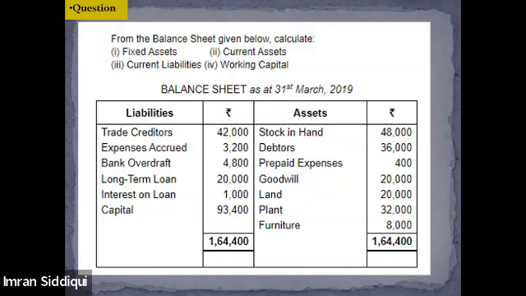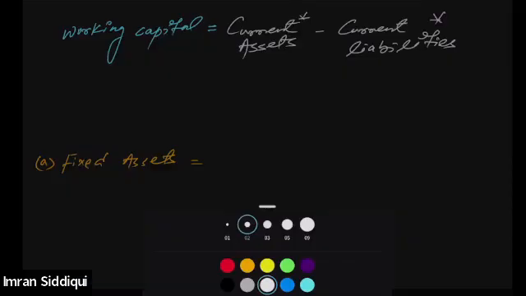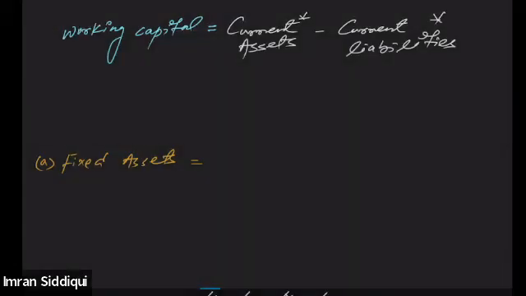So first of all, we will be finding the value of the fixed asset in this question. To find out the value of the fixed asset, we'll consider the value of the land. Land comes under the category of the fixed asset, right?